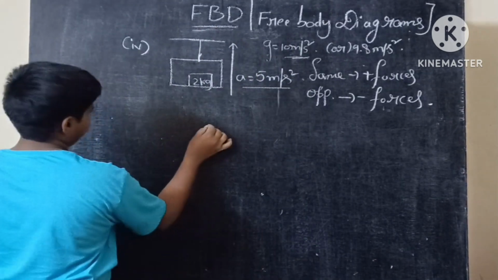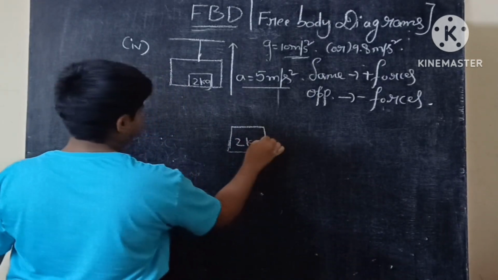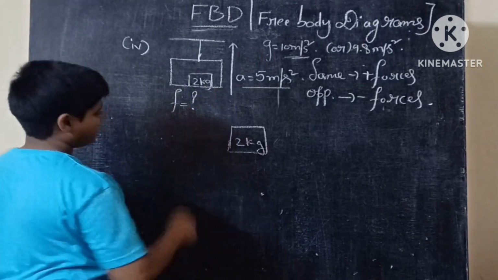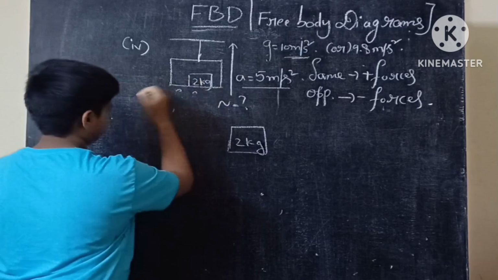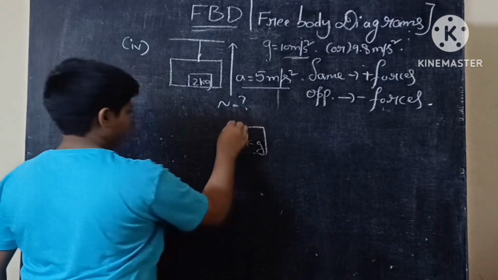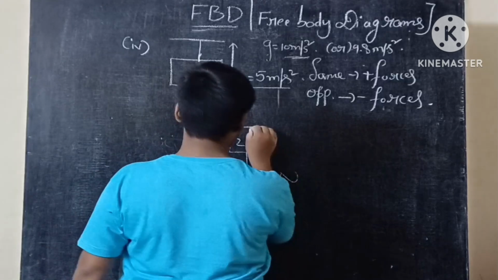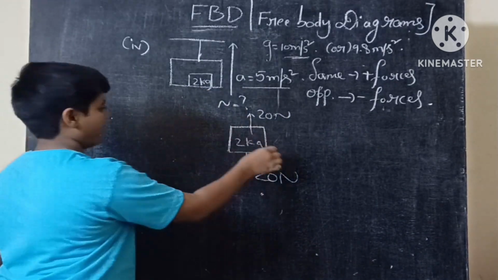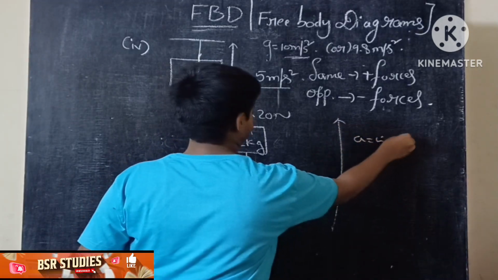If we draw the free body diagram of the 2 kg body, very important point, here we have to find the force, or normal. Gravity acts downwards as 20 newtons and upwards is 20 newtons because it is at rest, and it is going upwards, a is equal to 5 meter per second square.